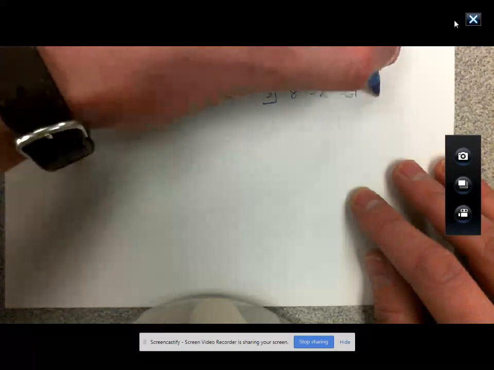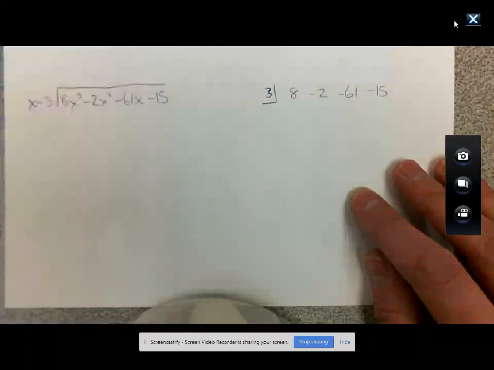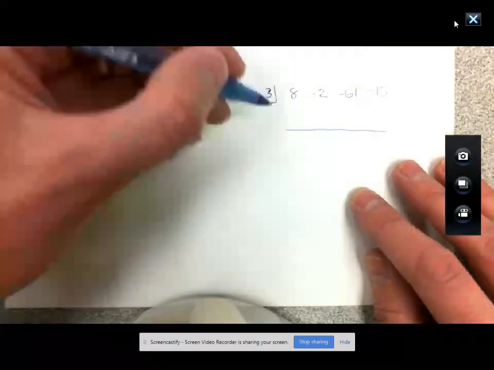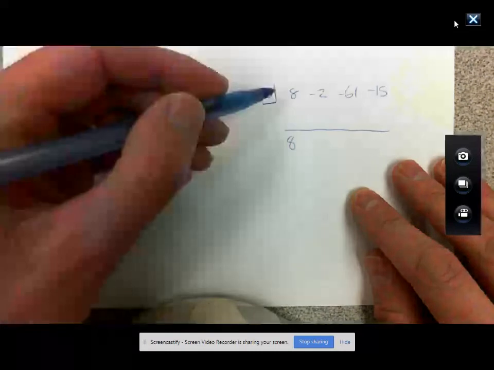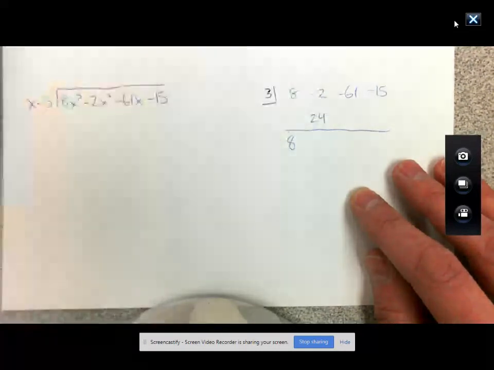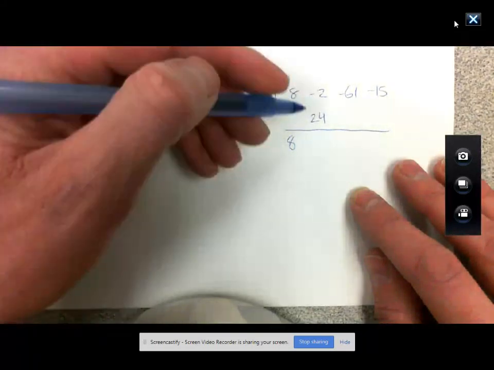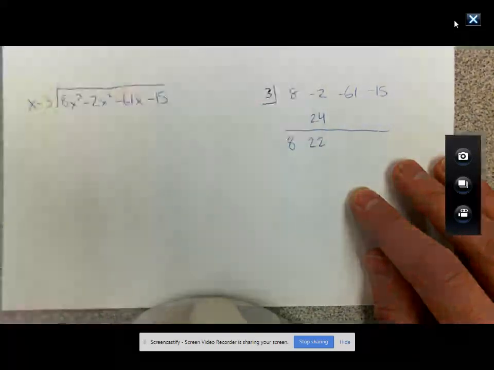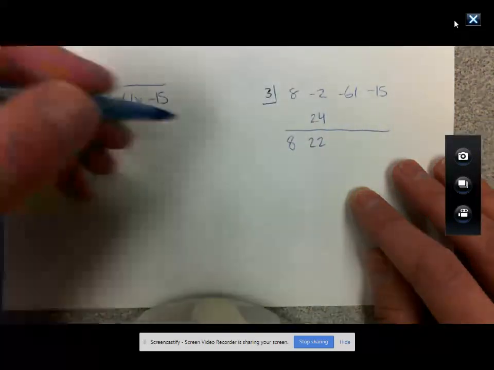So if I do the synthetic, I'm going to bring the 8 down and do 8 times 3, which is 24. If I add those together, I get 22. And then we keep going.